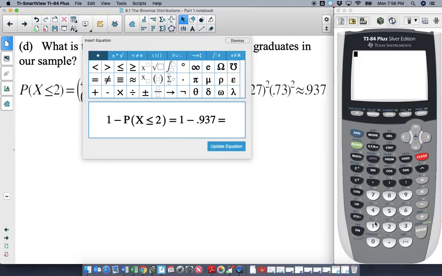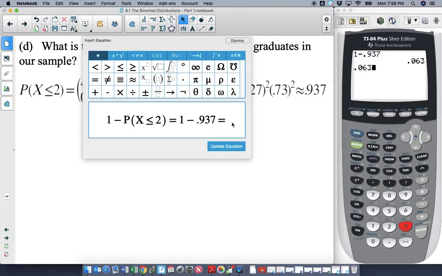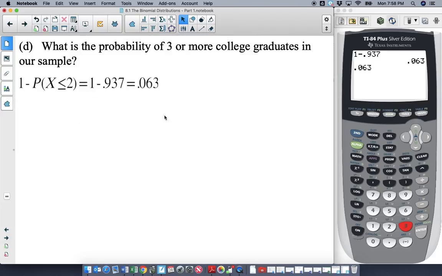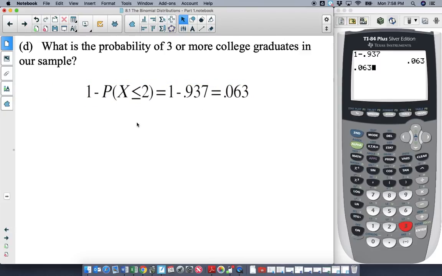So 1 minus 0.937 is 0.063. That is all I need to show for my work on this one, just because we did this probability in part B. Okay?